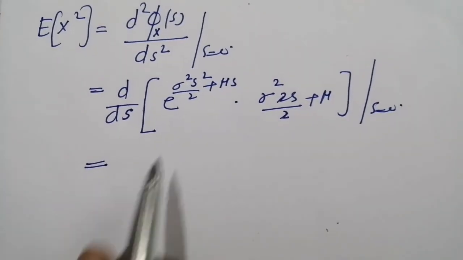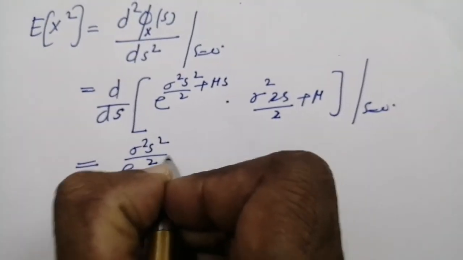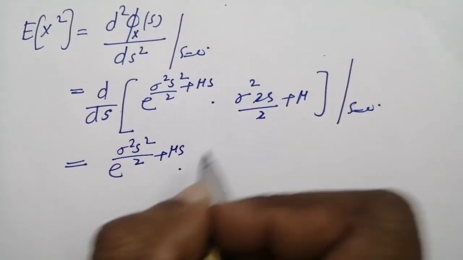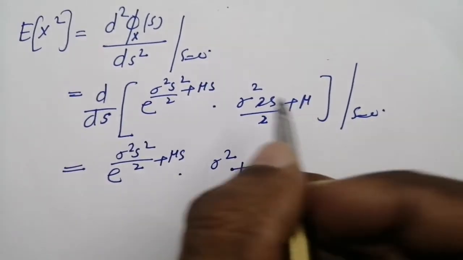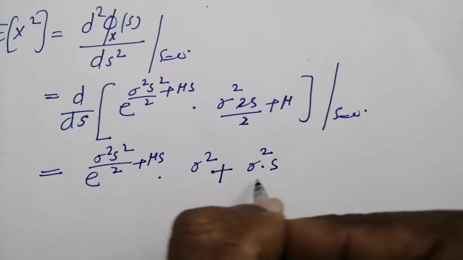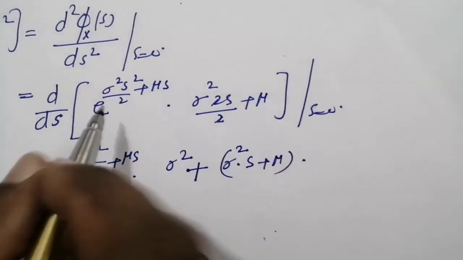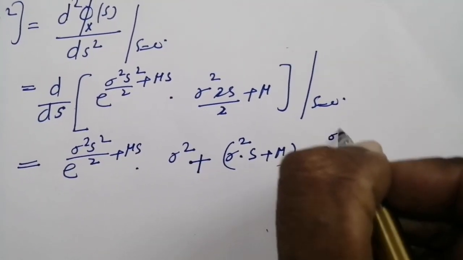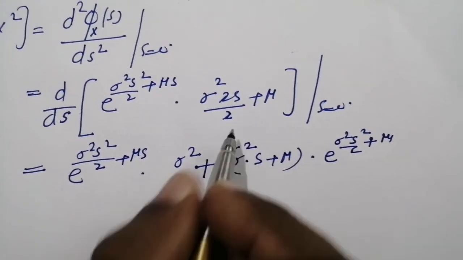So this will be equal to first into differential of second, that is e raised to sigma square s square by 2 plus mu s into sigma square, plus second, that is sigma square s plus mu, into differential of first, that is e raised to sigma square s square by 2 plus mu s into this.